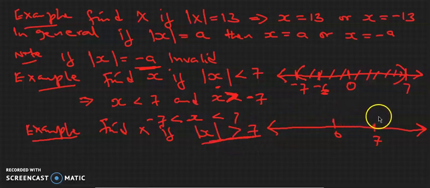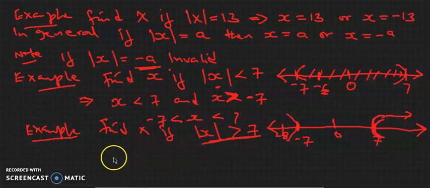It means that the number must be greater than 7, any number above 7. For example, 8. The absolute value of 8 is greater than 7. On the other side, it can be any value less than negative 7. For example, the absolute value of negative 8 is positive 8, and 8 is greater than 7.